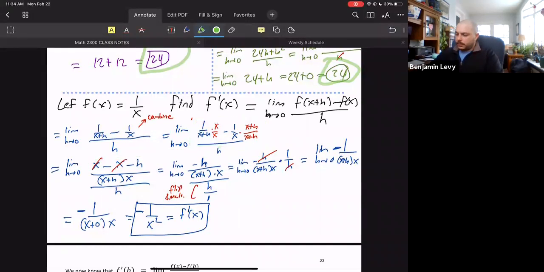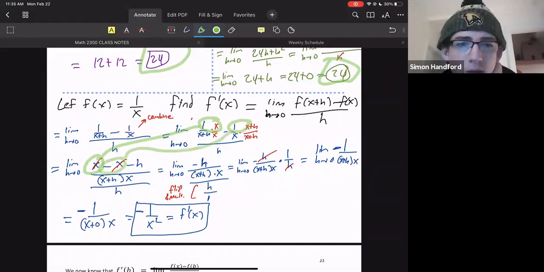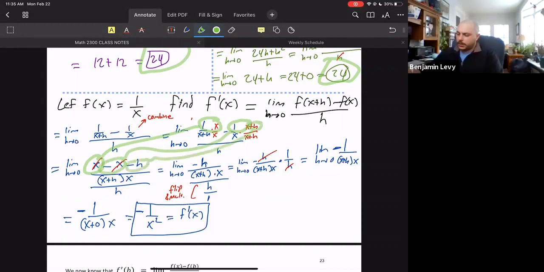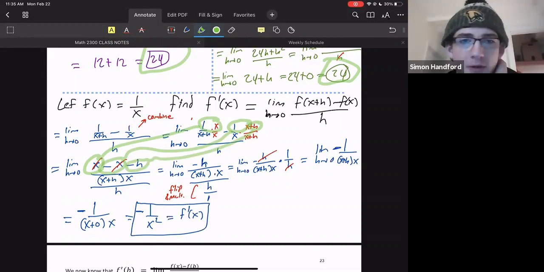So x times 1 is x. And then this minus sign makes them both negative on the other piece. So you have x times 1 is minus x. And then negative 1 times h is minus h. Okay. Thank you.